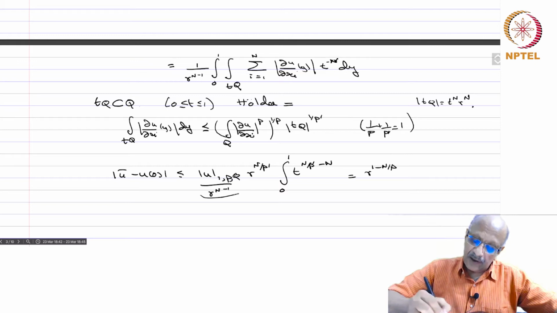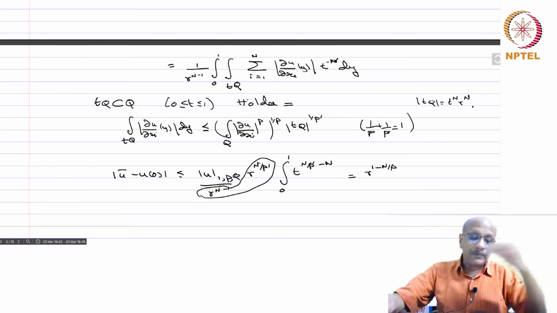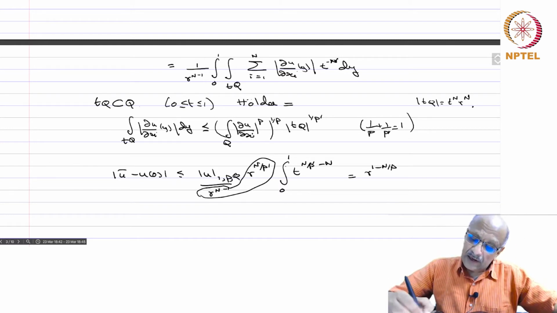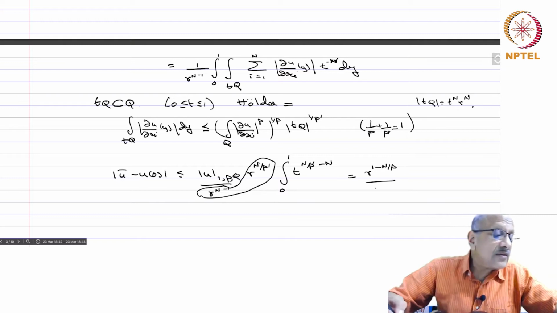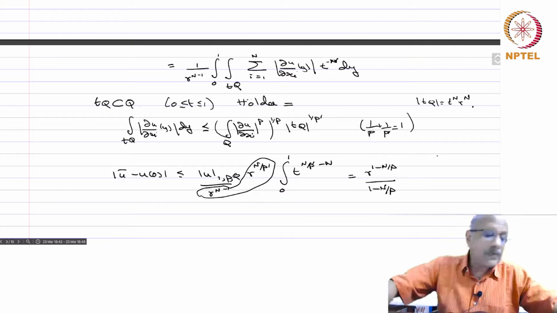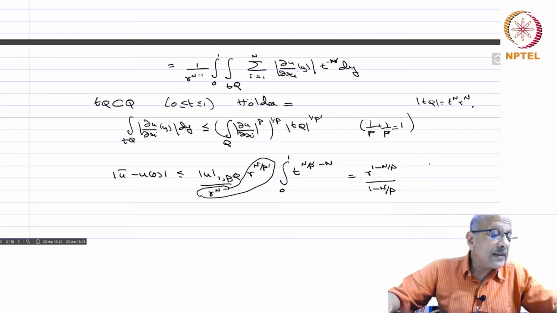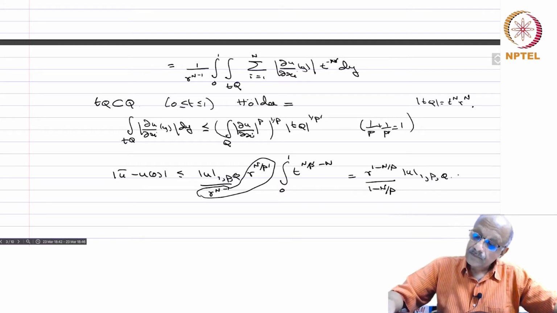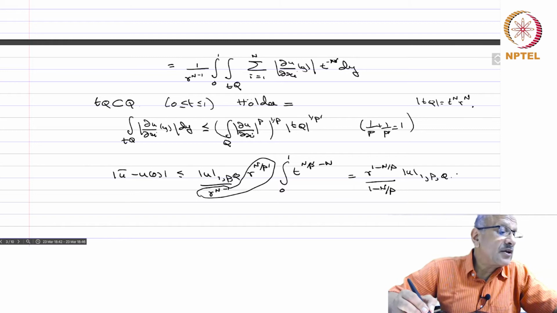If you simplify this expression here, you get r power 1 minus n by p, and then this integral, if I integrate, this will just give you 1 minus n by p again, using the fact that 1 by p plus 1 by p prime equal to 1, and then mod u 1p. So we have a nice relationship.